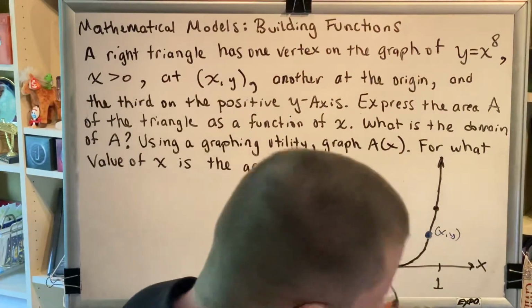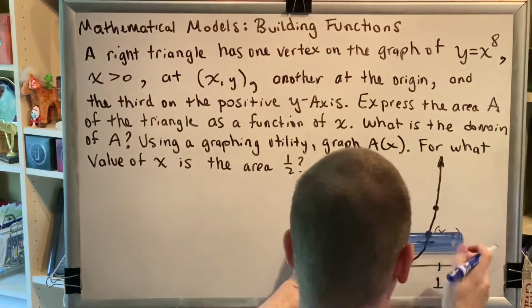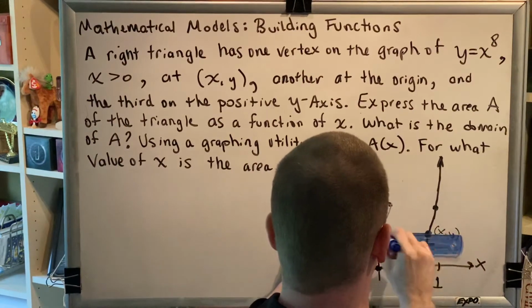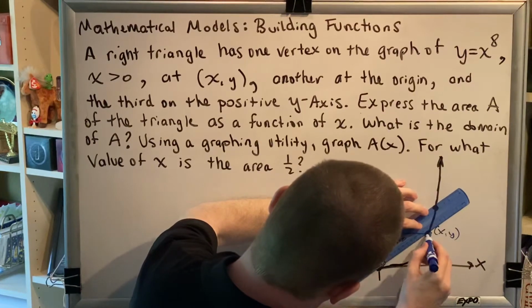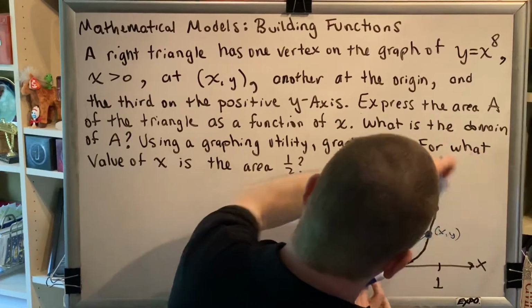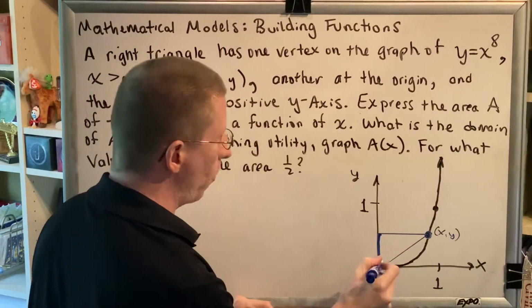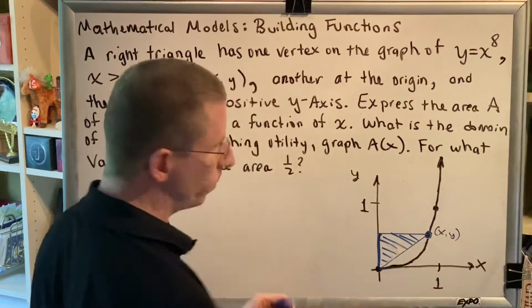The way I'm going to make this triangle is I am going to form a line that is here, and then a line that is here, and there is my triangle. The challenge for this problem is to come up with the area of this particular triangle.